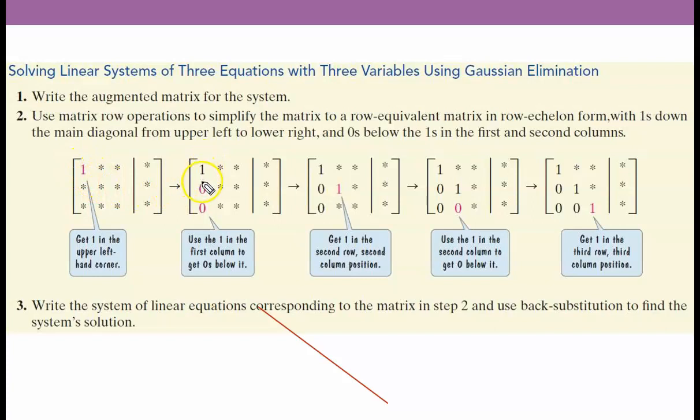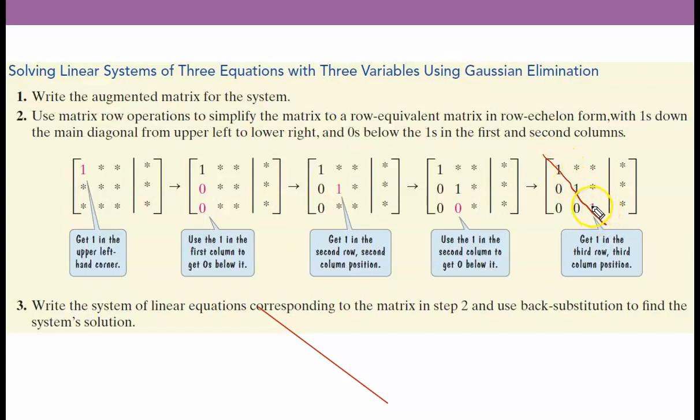Then you want to get a 0 in the second column and a 1 next to that first 0. Then in the next, you want to have a 0 in that third row, first column, another 0 there, until you end up with that major diagonal where they're all 1s.